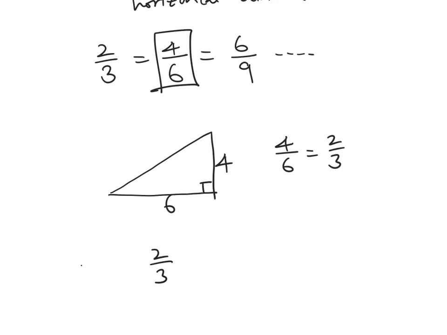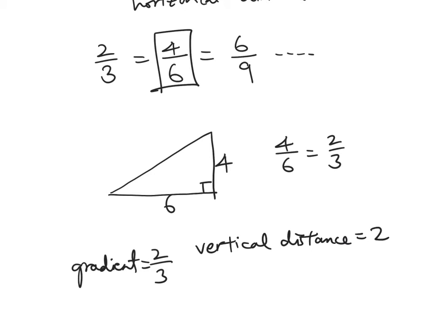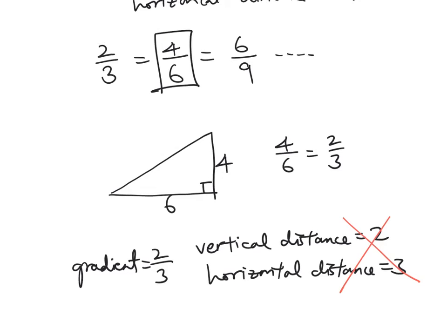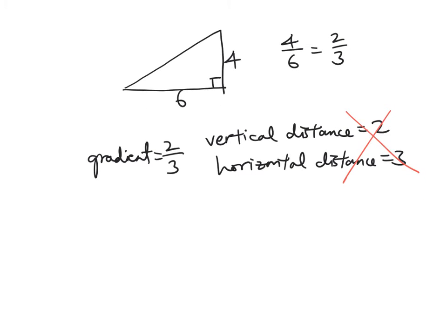So if you get the gradient equal to 2/3, it does not mean that the vertical distance equals 2 or the horizontal distance equals 3. These are wrong. The meaning of gradient is the steepness.